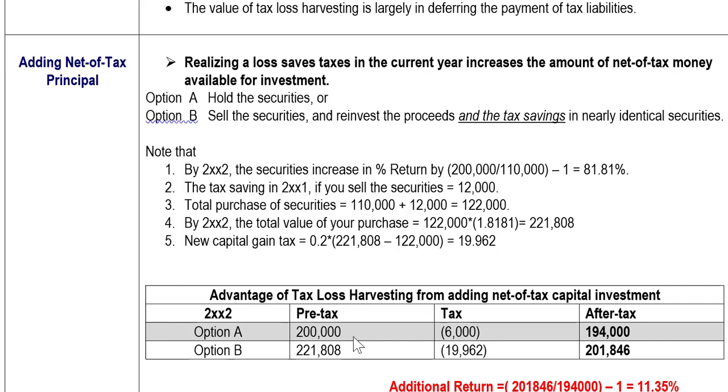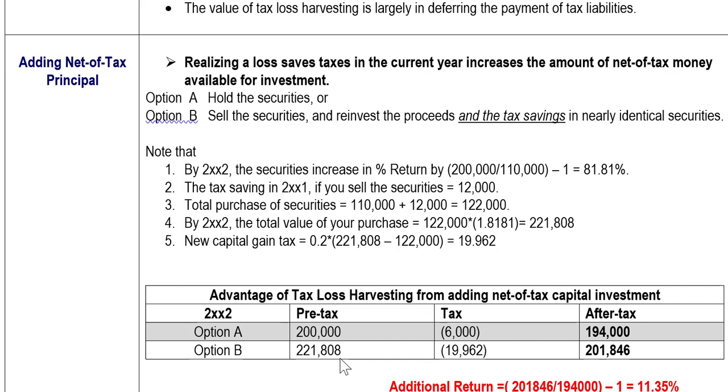Now we can put this in a table here. If you don't do that, option A, $200,000, you're going to pay an additional $6,000, of course, because the value of the security increased. So for this security, the after-tax value is $194,000, from 110 gross to $200,000.